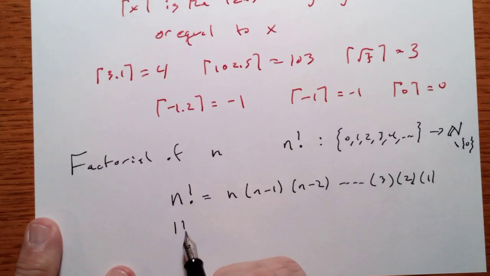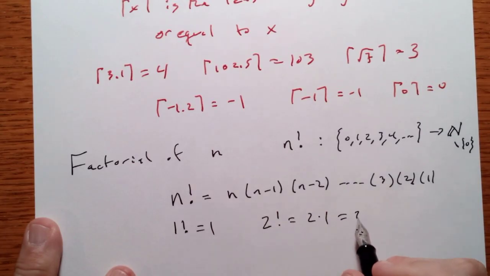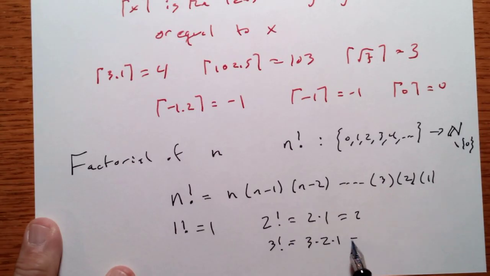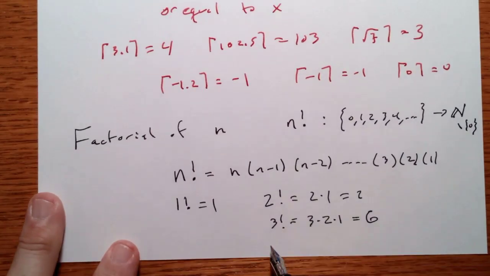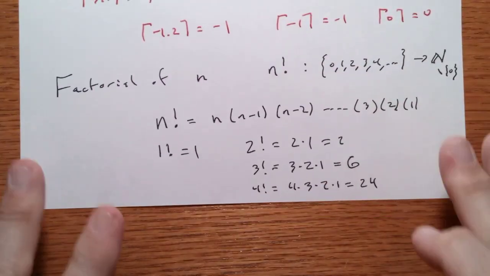So 1 factorial is 1. 2 factorial is 2 times 1. 3 factorial is 3 times 2 times 1. 4 factorial, 4 times 3 times 2 times 1. These numbers get fairly big fairly quickly.